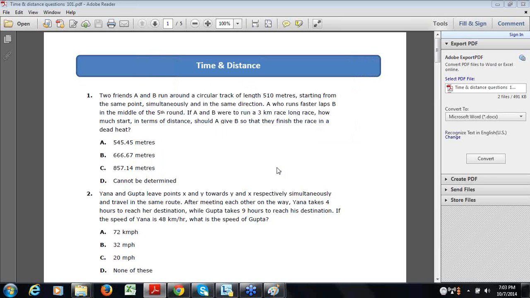I've prepared around 14-15 questions, so I hope everybody has received this question sheet. Everybody has received the question sheet?